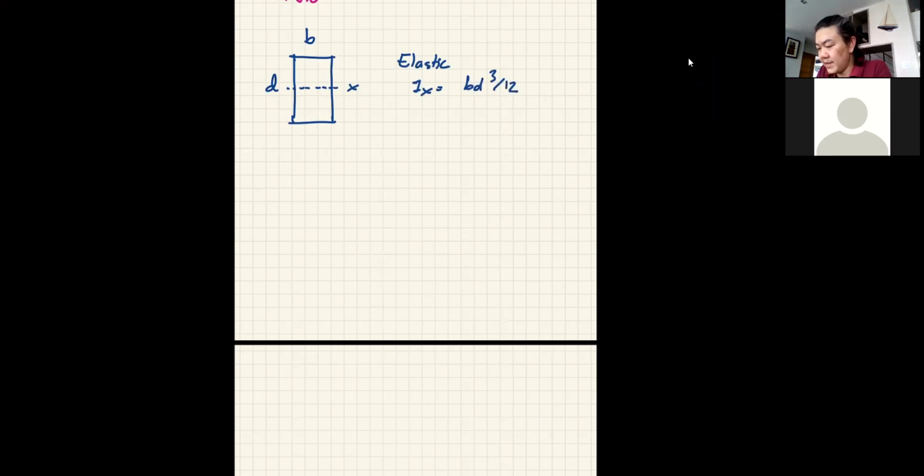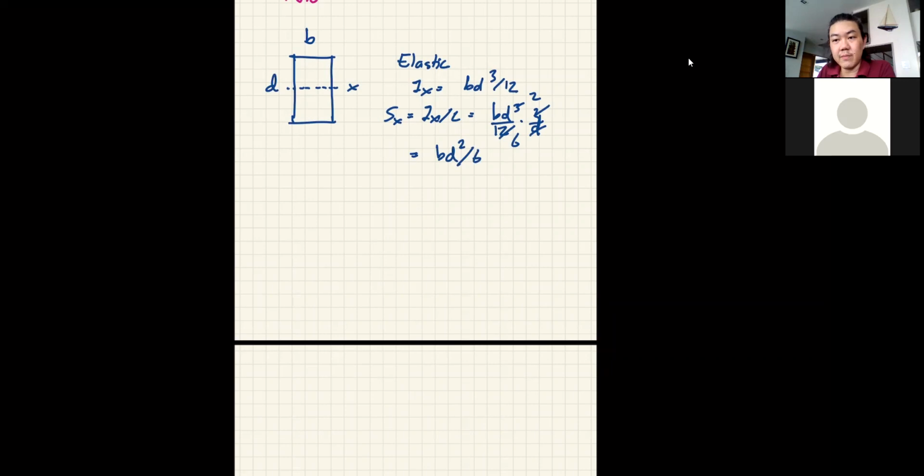And therefore the Sx, which is Ix divided by C, is BD cubed over 12 divided by D over 2. So the D is gone, that is 6. This is a typical formula for a rectangle. The elastic section modulus is BD squared over 6.